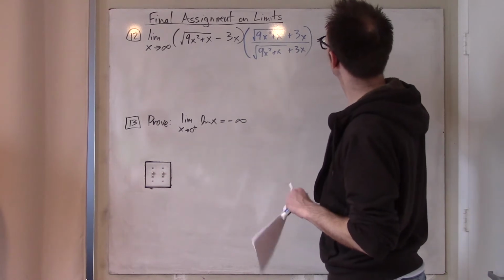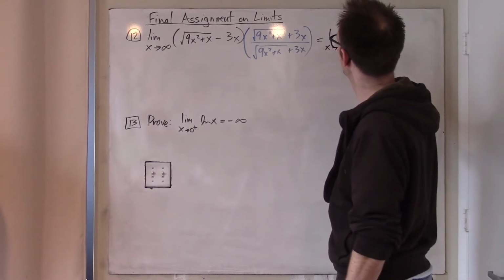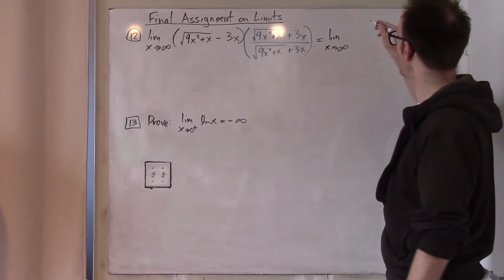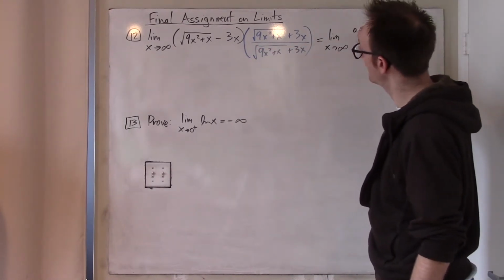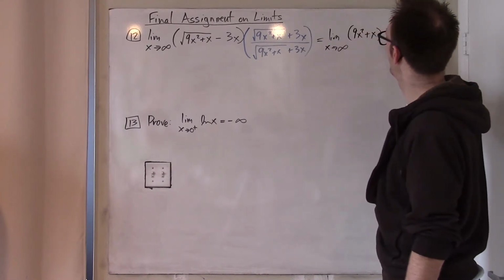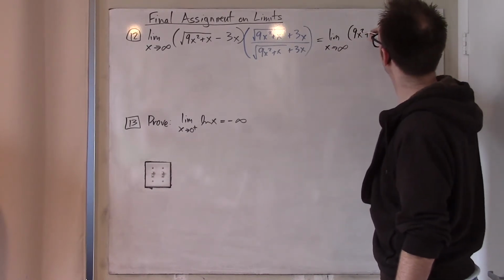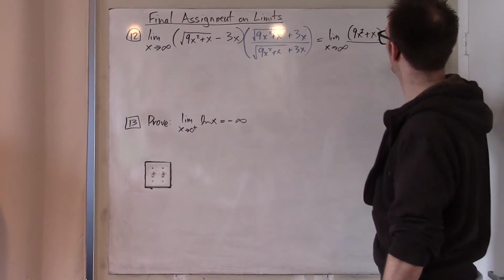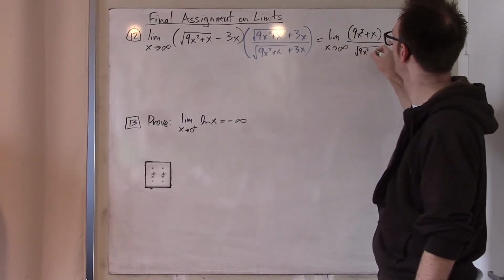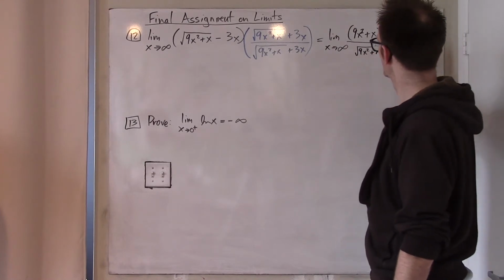This becomes the limit as x approaches infinity of the top, which now kind of clarifies itself. It becomes, via the difference of squares, 9x squared plus x minus 9x squared. And now I've sort of created a mess on the bottom, but maybe that was all worth it.